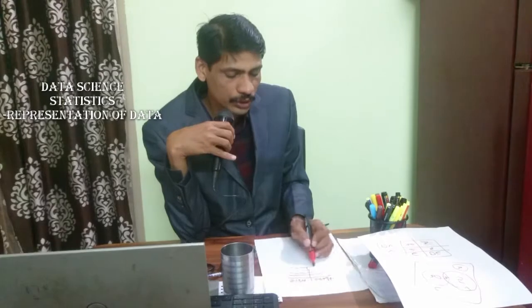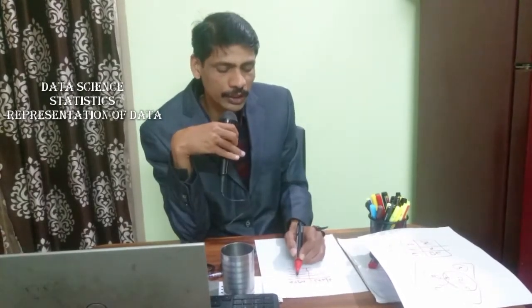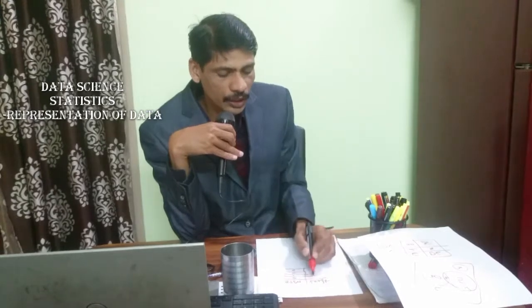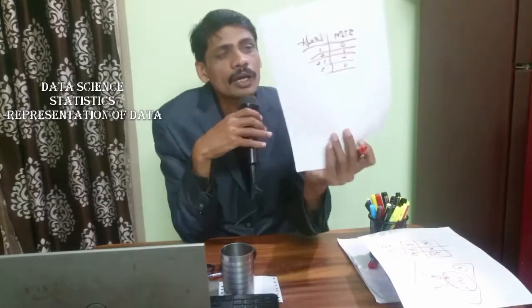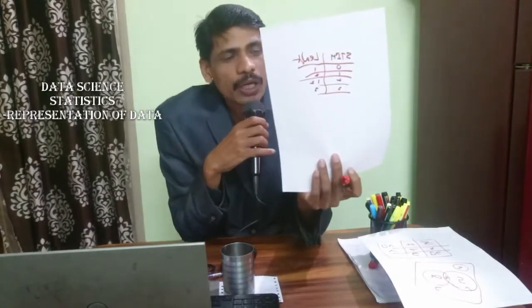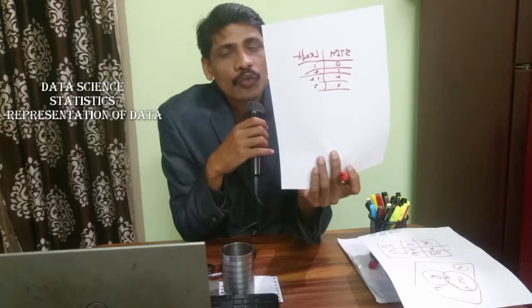Stem and leaf means in a table, in the first column we will mention the stem, in the second column we will mention the leaf, and the remaining are all rows. So the stems will be 0, 1, 2, 3, with leaves like 1, 2, 1 2, 3. If you see, in stems we are mentioning the first digit.